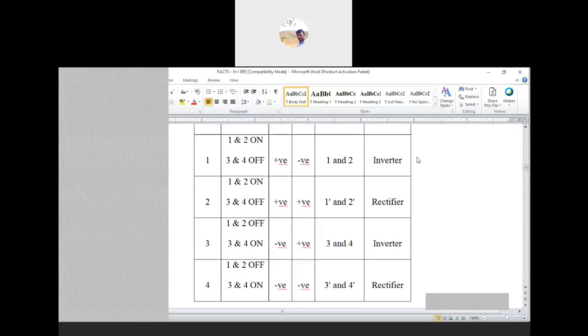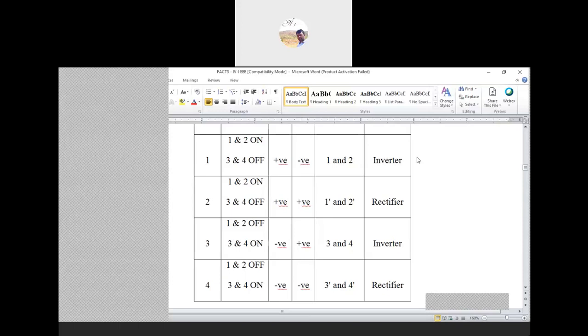To simplify, we take which state has which thyristors on and which are off. Here thyristors 1 and 2 are on, which means VAB is positive and IAB is negative.